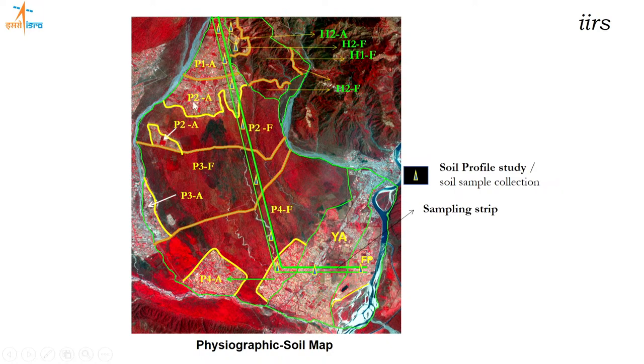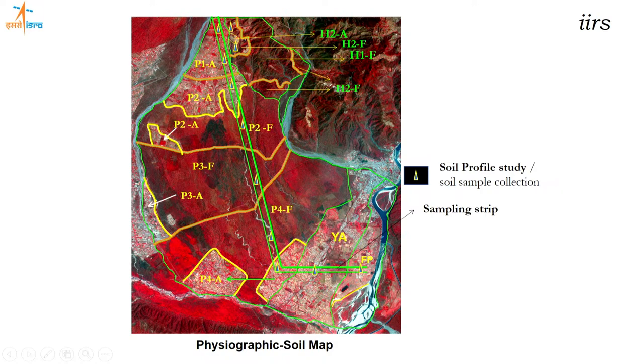We cannot take samples from anywhere because we cannot travel, we cannot go there. So we select this road and along the road on both sides, but not just near the road, 100 meters away, 200 meters away, you can take samples within 500 meters from the road, where you can study the soil profiles.